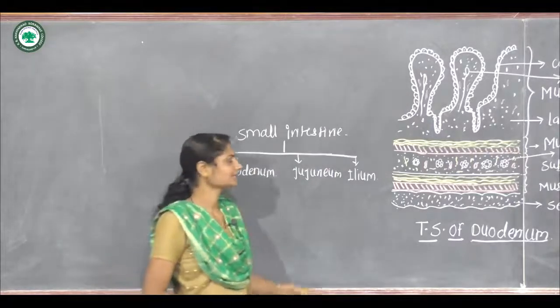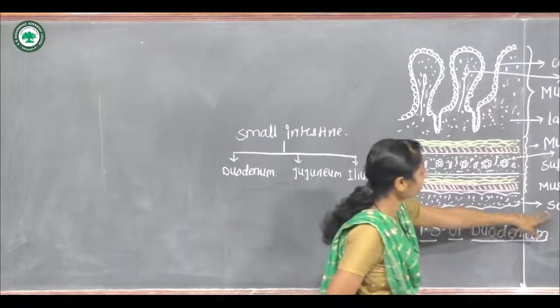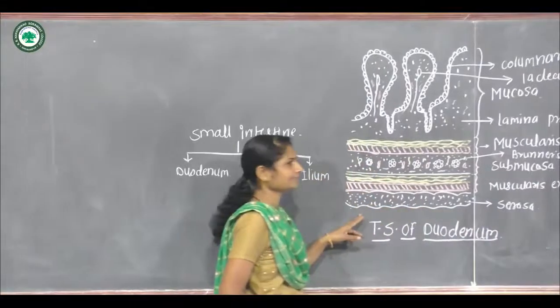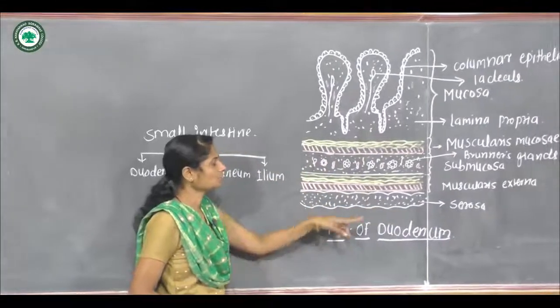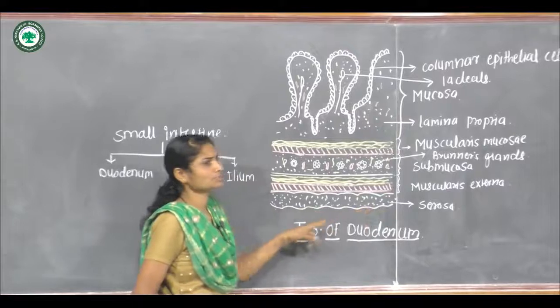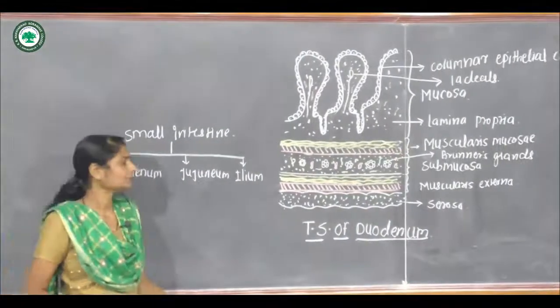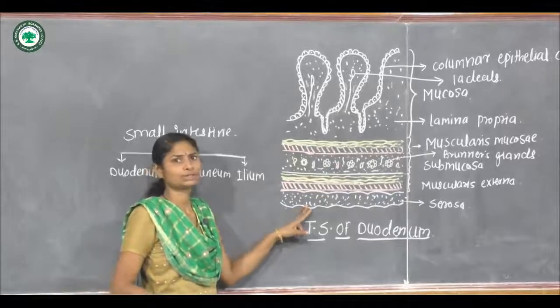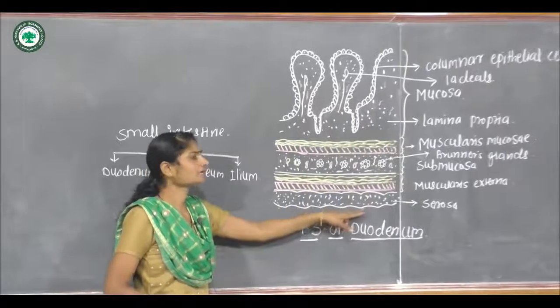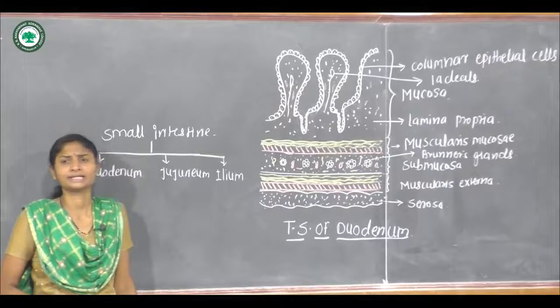This first layer is the serosa layer. In this diagram, the serosa is the outermost layer and is mainly composed of loose connective tissue and covered by mesothelium.